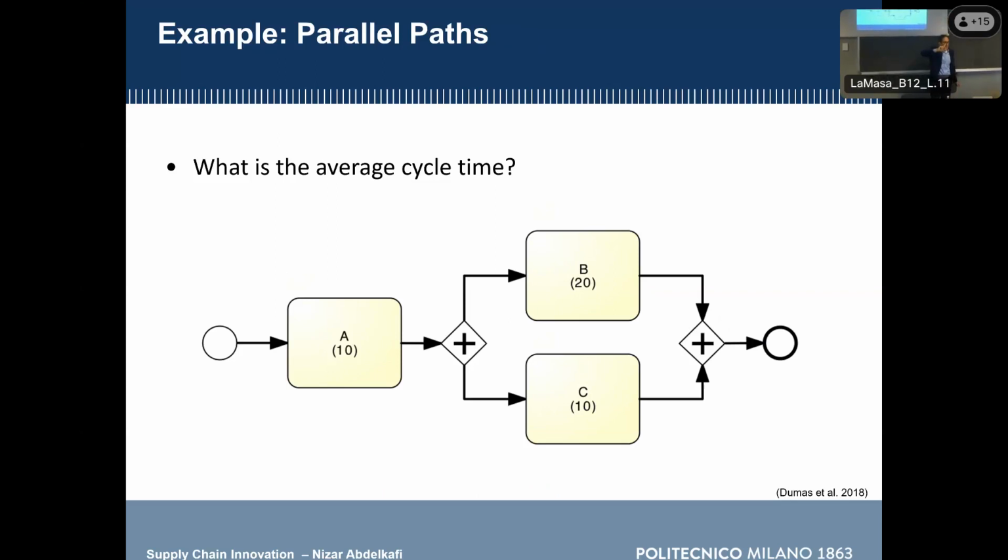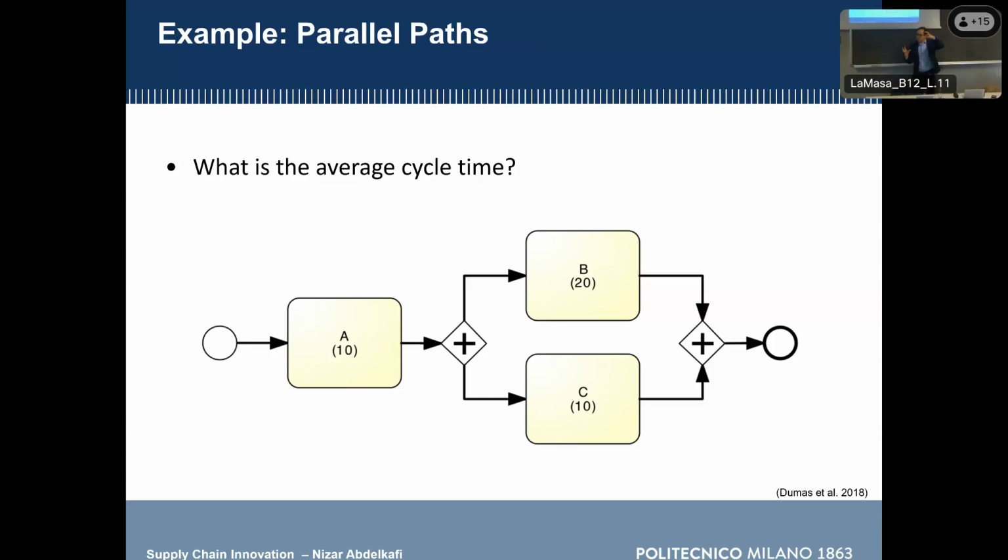Now, can this gateway fire when we have only one single token here? No, it cannot. It can fire only if this token also arrives or is out of the activity B. So the gateway can fire, in order to go to the end of the process, only if B is completed. So we have the token here at time, let's say, 20, 10 plus 10. But at time 20, we are still processing the application, or we are doing task B. So after 30 time units, 30 hours, let's say, the token will be out.